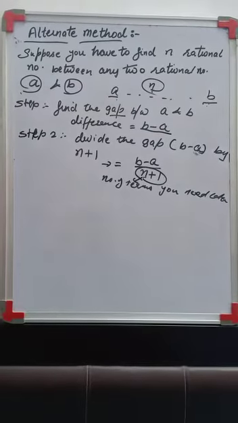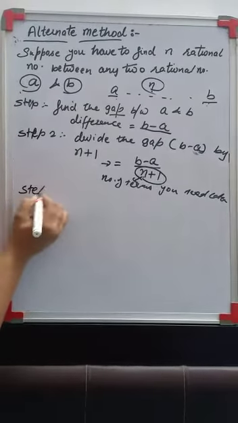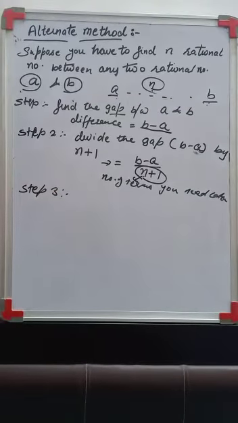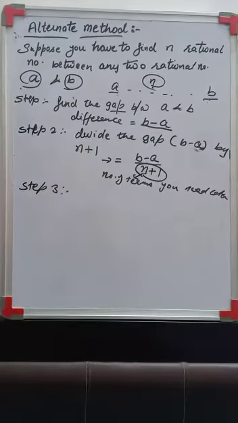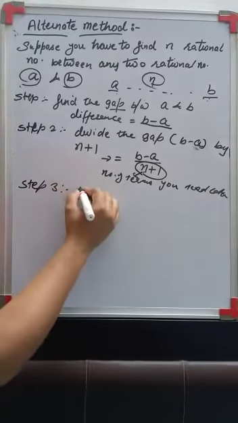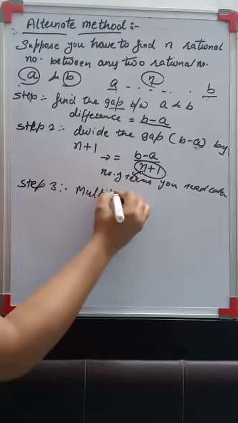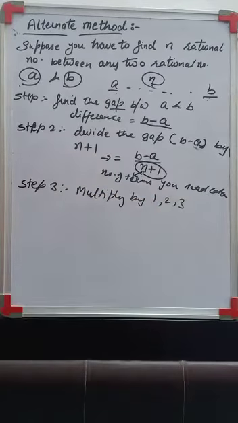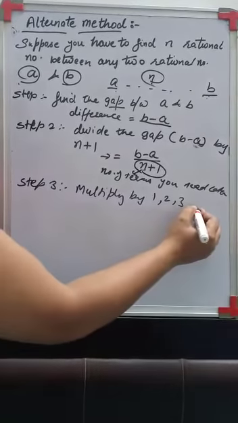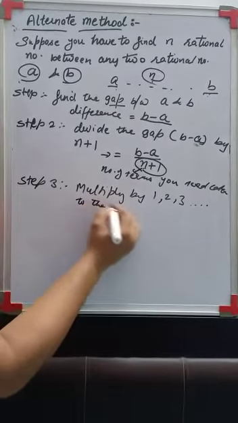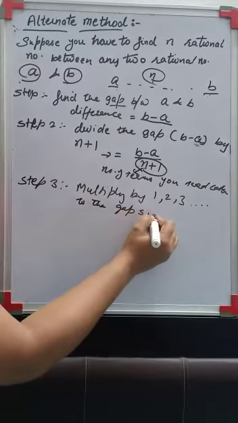And step 3 will be what? I have done B minus A upon N plus 1, and I got the value. Now you need to multiply by 1, 2, 3 and so on to the gap size.